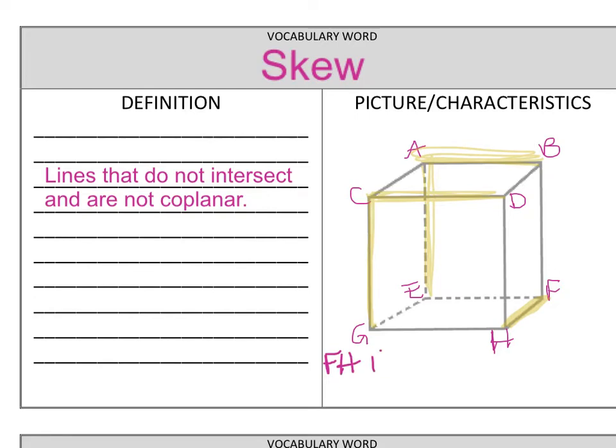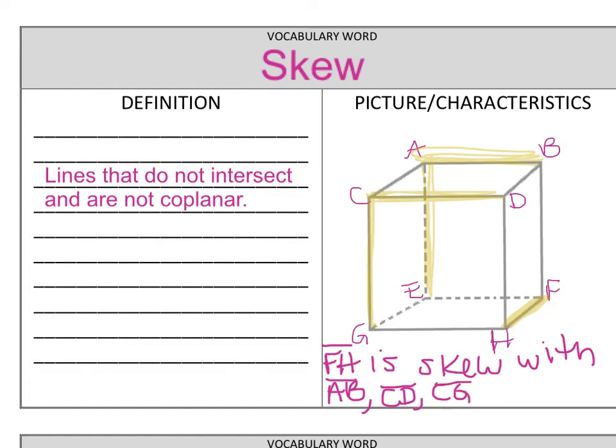So FH is skew with AB, CD, CG, and AE. Technically, I'm going to change this instead of saying with, it's skew to, kind of like parallel to or perpendicular to. Skew would be that same type of relationship. So FH is skew to AB, CD, CG, and AE.